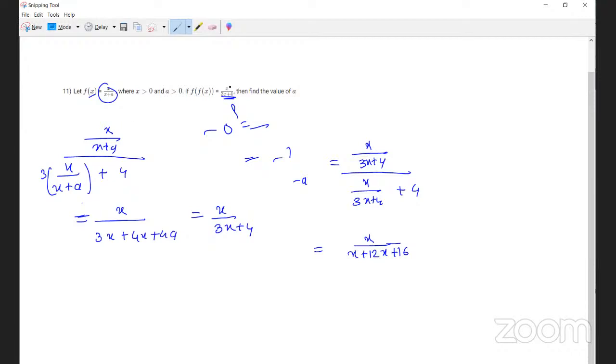Is it correct? Something is missing. This is not 4 now. This is a. So 3x plus ax, it is a square now. Why am I taking this square?